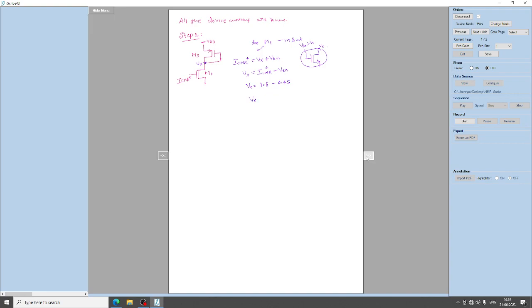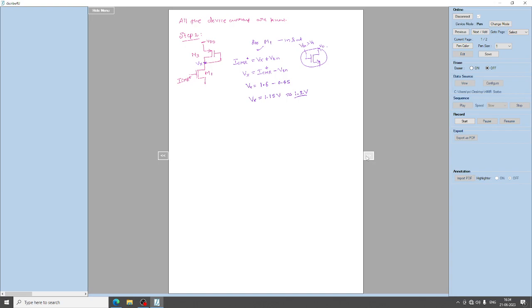So Vx should be equal to 1.15 volts. We can approximate Vx to 1.2 volts. So this is the node voltage Vx.